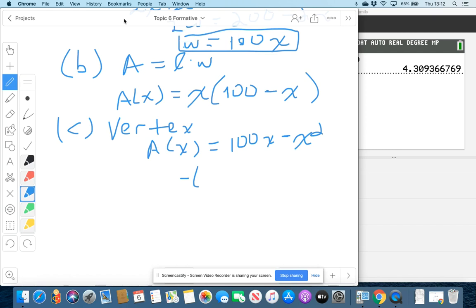Negative b over 2a. So it looks to me like the width is 50. And actually, we can think about the perimeter. It's 50 by 50 for the whole garden, by using our first formula for width, excuse me.